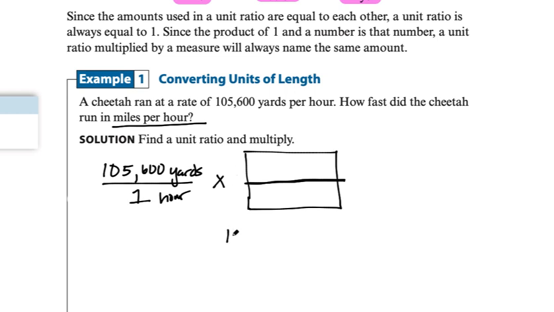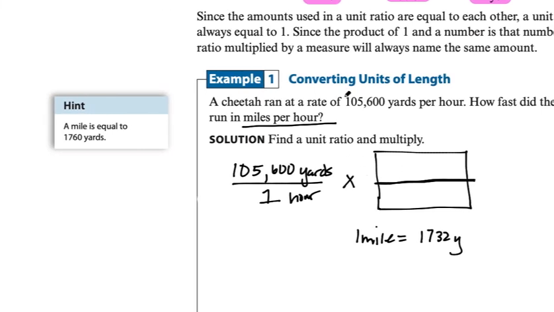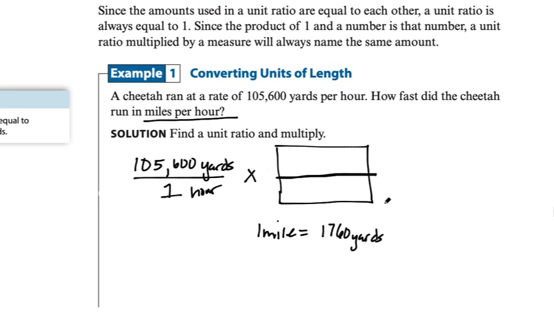If we have 1 mile is equal to 1,000... let me see if I remember... 1,732 yards. Let me see. Nope, lied to you. 1,760 yards. And so since we have this little fact here, we're going to write it as a conversion factor.